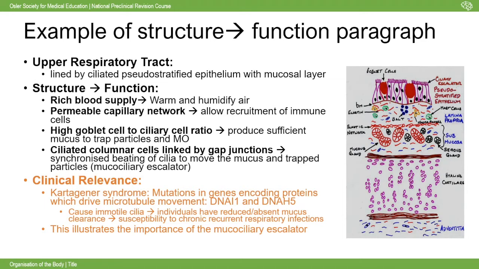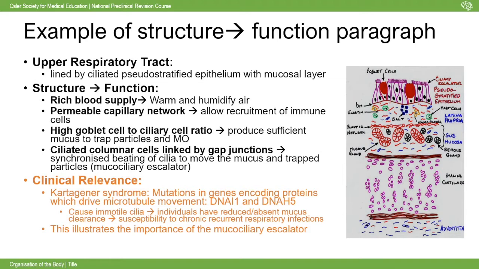You also want to look at the high goblet cell to ciliary cell ratio. This means that we're producing a lot of mucus, sufficient to trap particles and microorganisms. Once we produce this mucus, we then need to think about how we're going to move it.